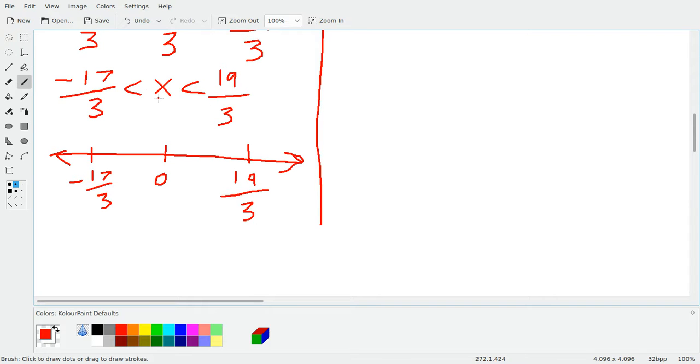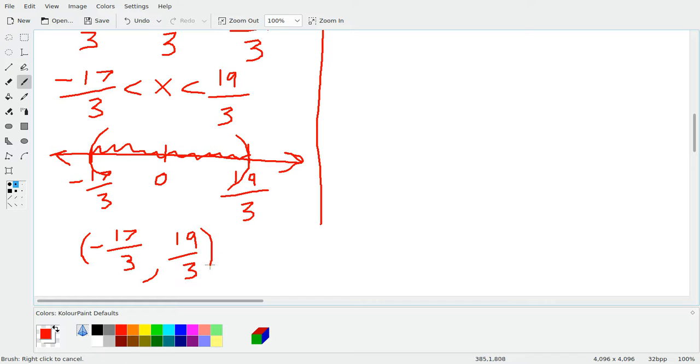Neither of them has the equal to bar in it, so both sides will get parentheses, and we're going to shade the area in between. Therefore, in interval notation, your answer would be parentheses, negative 17 thirds, comma, 19 thirds, close your parentheses. That is your answer in interval notation.